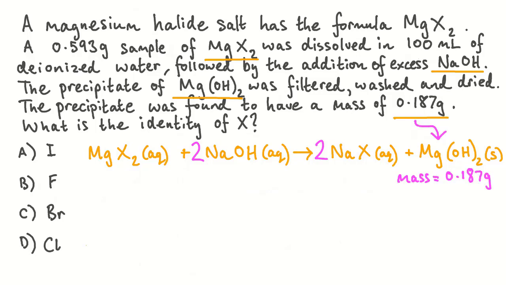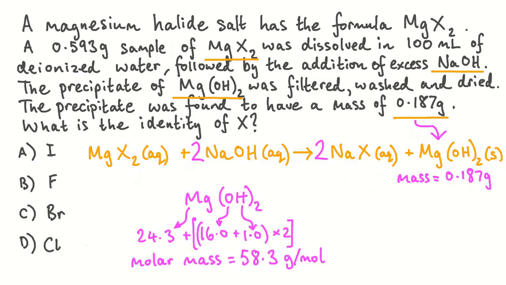We know in this question that the mass of magnesium hydroxide precipitate collected was 0.187 grams. Since we know the precise composition of magnesium hydroxide from its formula, we can find the molar mass of magnesium hydroxide. This equates to 58.3 grams per mole.